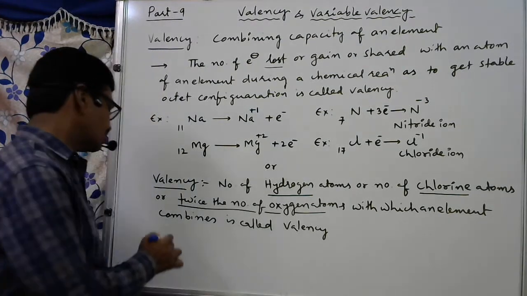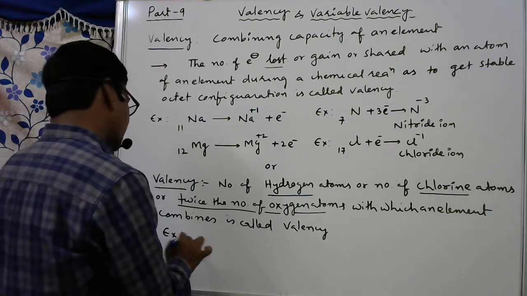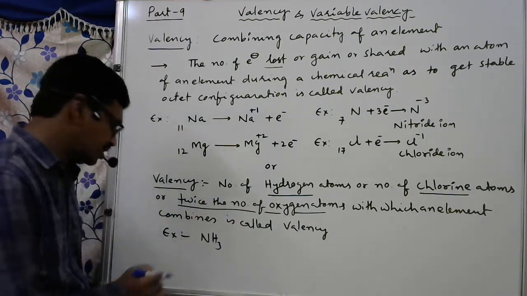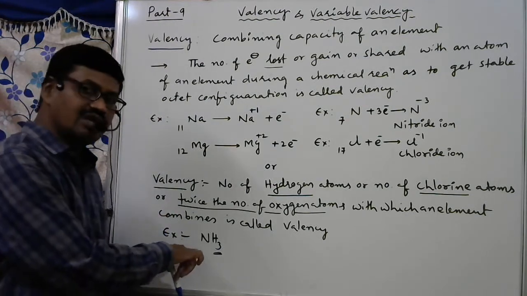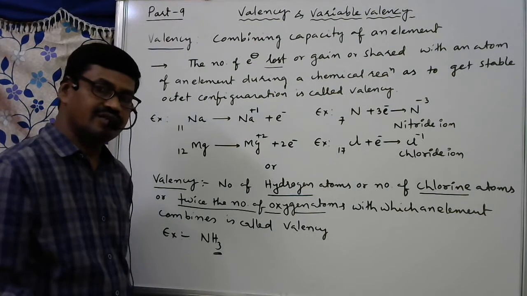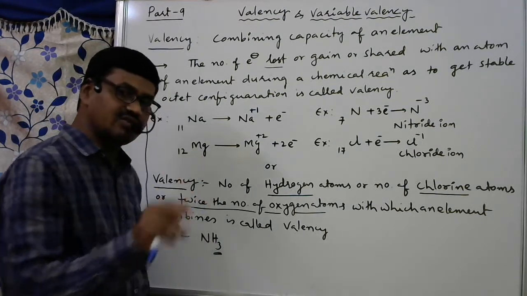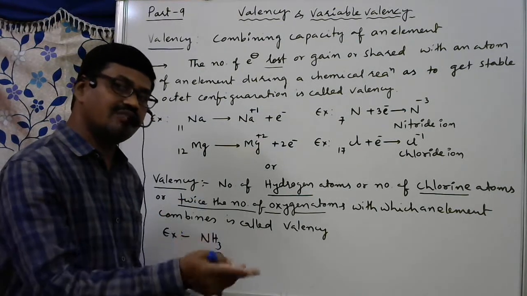See, here I am giving some examples. Here I am taking NH3. Here the reference element is hydrogen. So with respect to hydrogen, the valency of nitrogen is 3. Why is it 3? Because nitrogen is combining with 3 hydrogens, the number of hydrogen atoms with which an element combines.